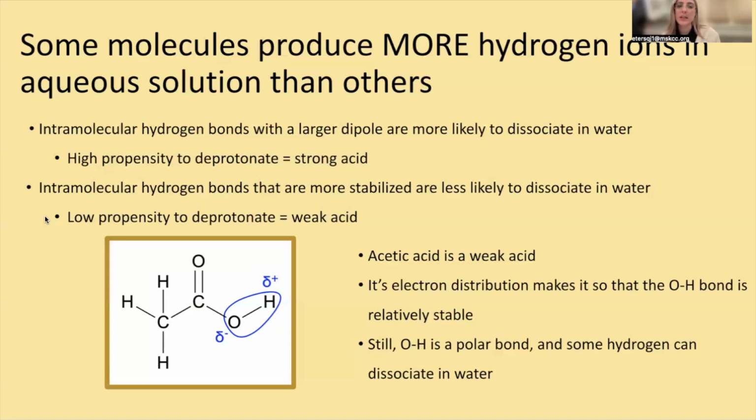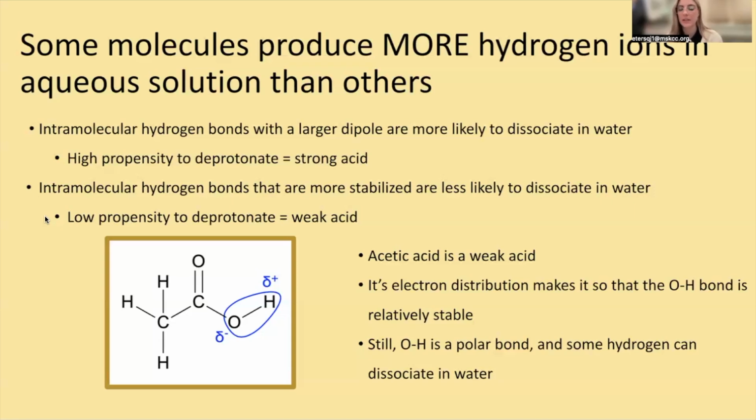Now, molecules like HCl can produce more hydrogen ions in aqueous solution than other types of molecules that also contain a polar covalent bond. So in this example, I show you acetic acid. Acetic acid contains a polar covalent bond between oxygen and hydrogen. Similarly to HCl, partial charges accumulate on each of the atoms.